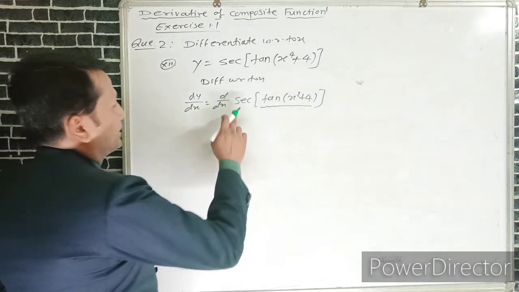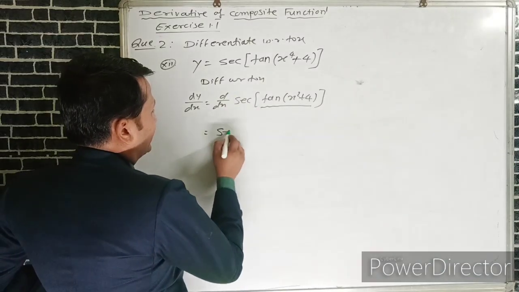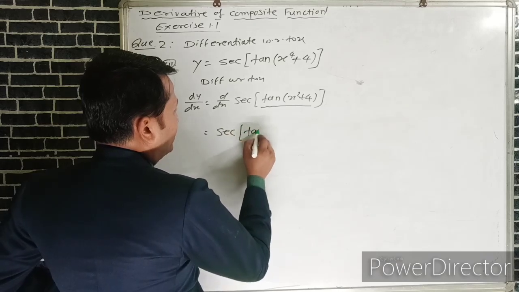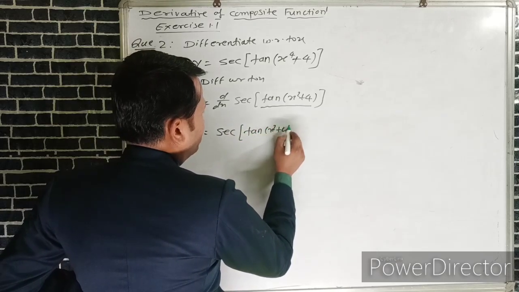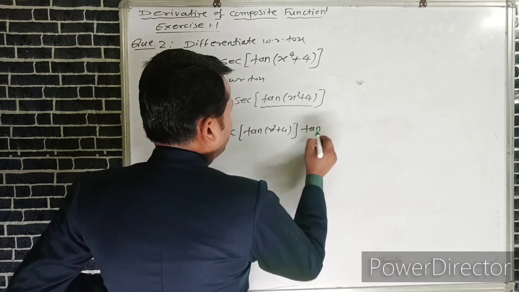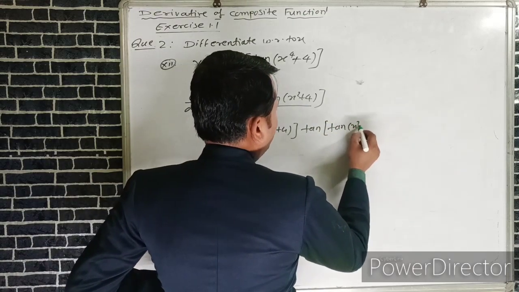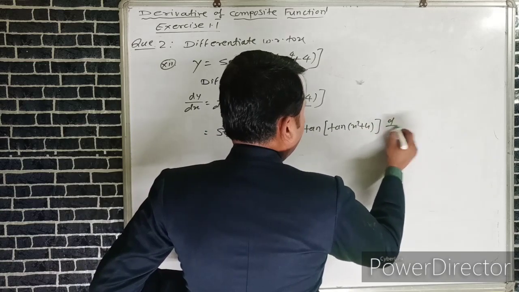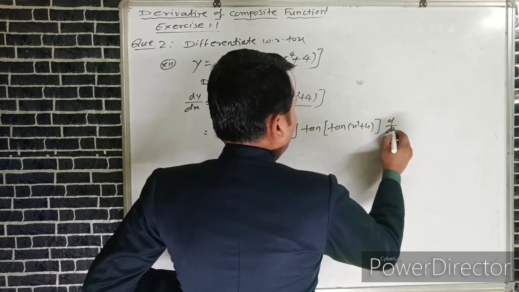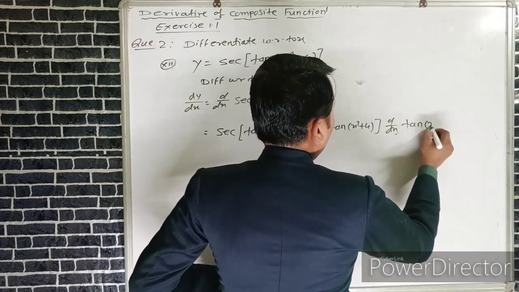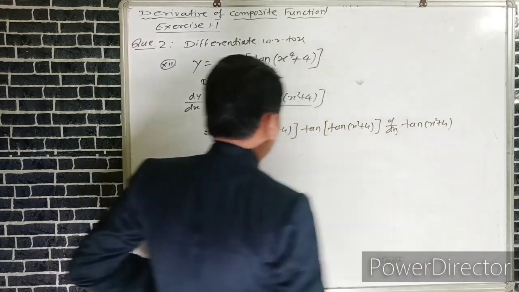By applying the derivative of sec x is sec x into tan x, it means that sec of tan of x square plus 4 into tan of x square plus 4 into again a derivative of, consider bracket, the derivative of tan of x square plus 4.